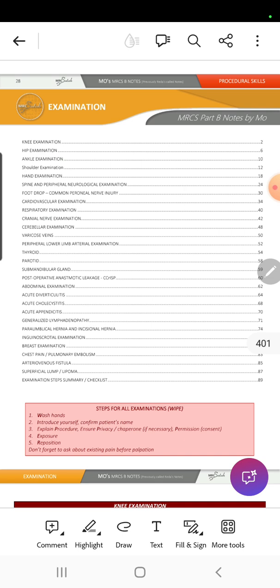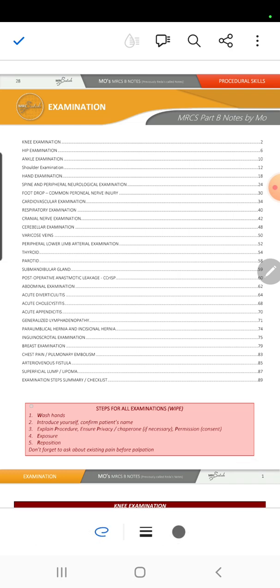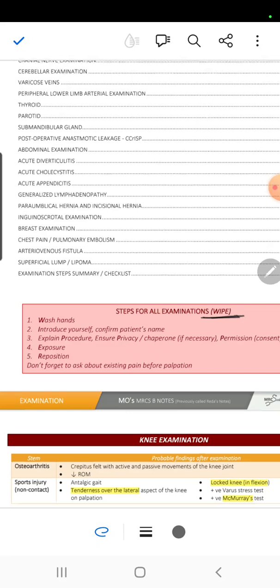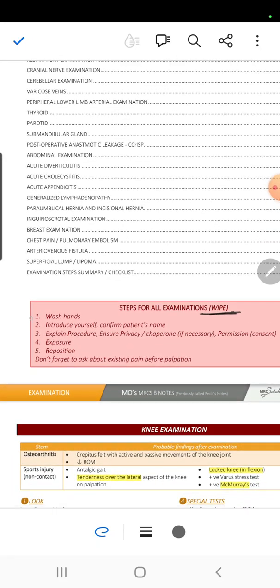So first we are starting with physical examination. For every examination, the essential steps are this WIPE. As you can see: wash hands, introduce yourself, confirm patient's name, then explain the procedure and ensure privacy.